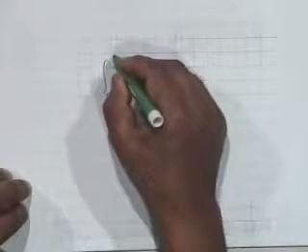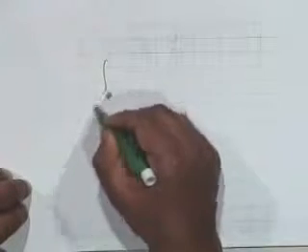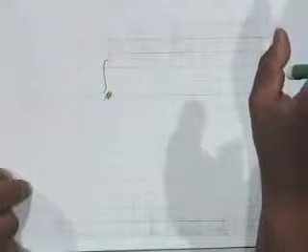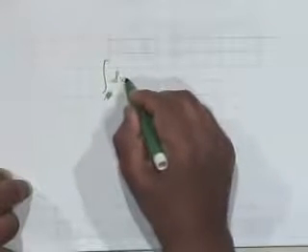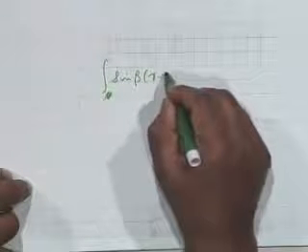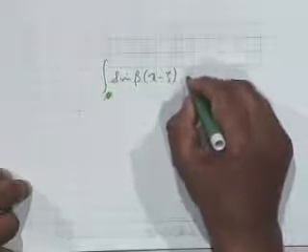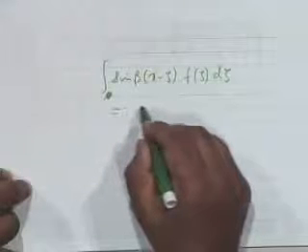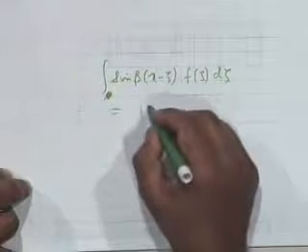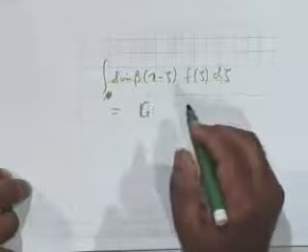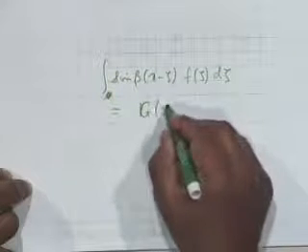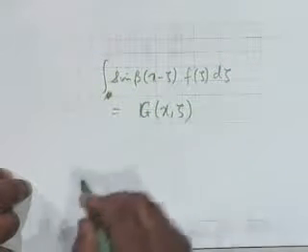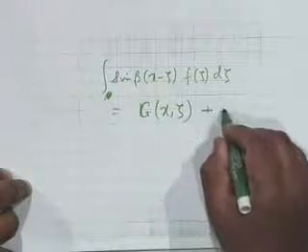Why not? Why not comes in the following. You see, 0 to x. Let's consider this function, indefinite integral first. Sine of beta (x minus zeta) f of zeta d zeta, indefinite integral. Obviously, this will be some function, let's call it g, some function of zeta and x, isn't that right? Plus a constant.